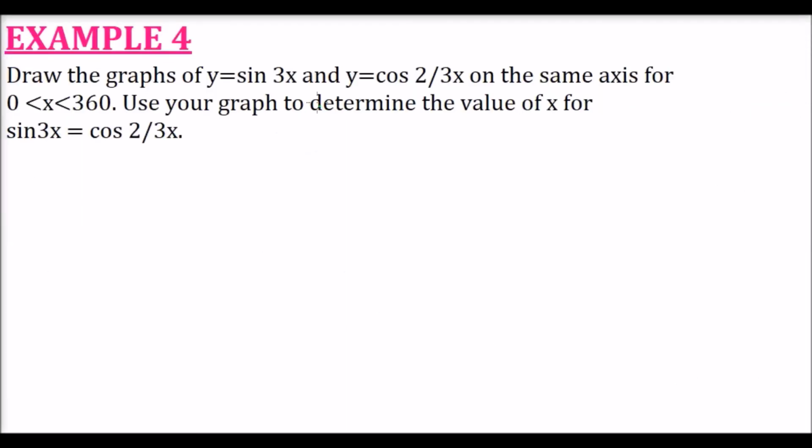So this is our example 4, and we are told to draw the graph of y equals sine 3x and y equals cos 2 over 3 x on the same axis for the range 0 less than x less than 360. Use your graph to determine the value of x for sine 3x equals cos 2 over 3 x.